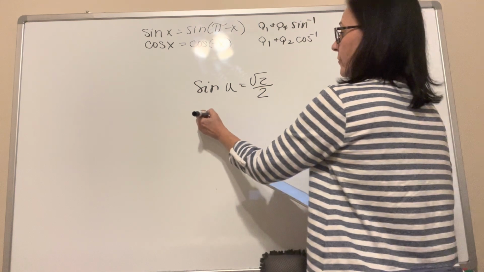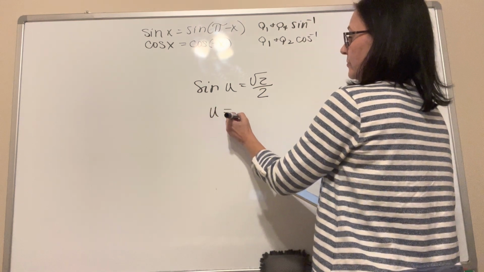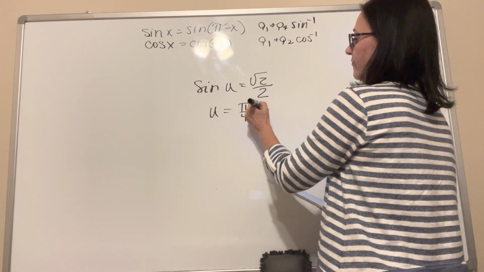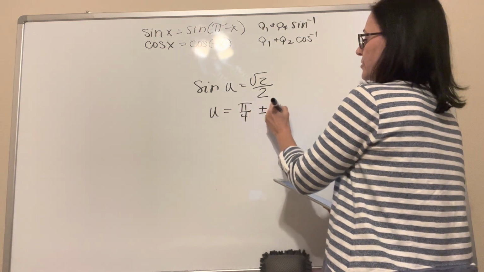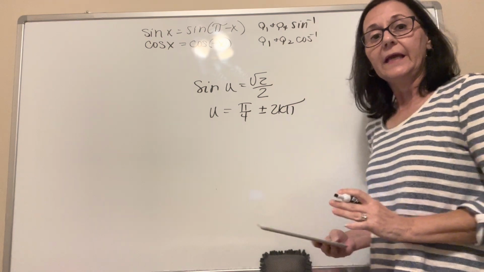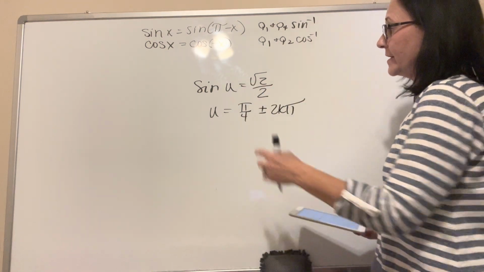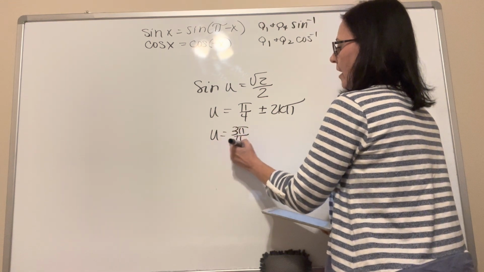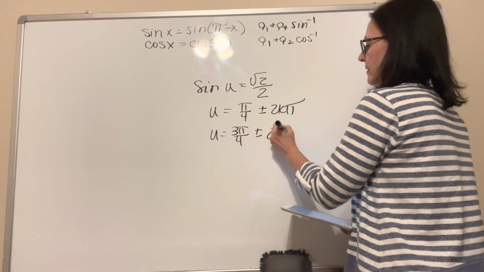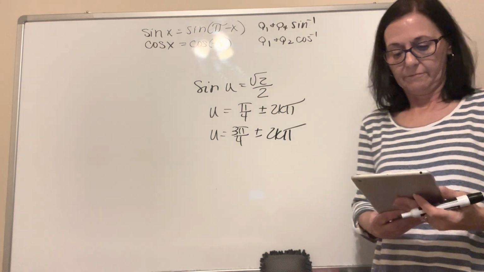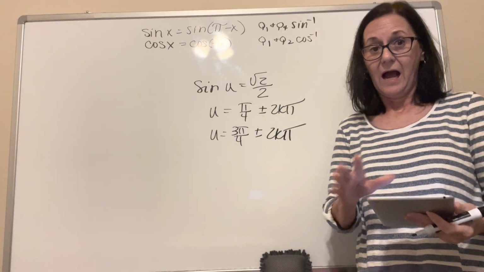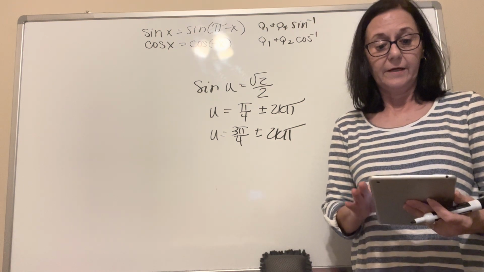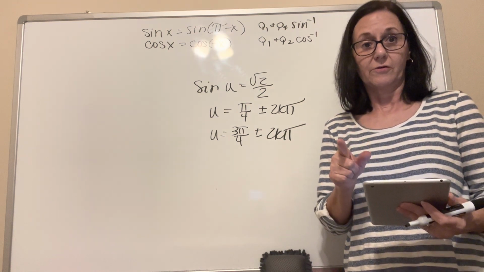I already know that u is pi over 4 plus minus 2k pi. It's also going to be in that second quadrant, or it's pi minus this value, and u is 3 pi over 4 plus minus 2k pi. All right? I'm not using my calculator when that ratio is on the unit circle.